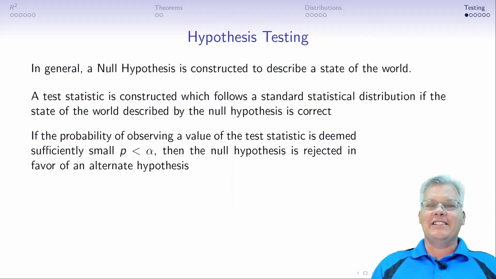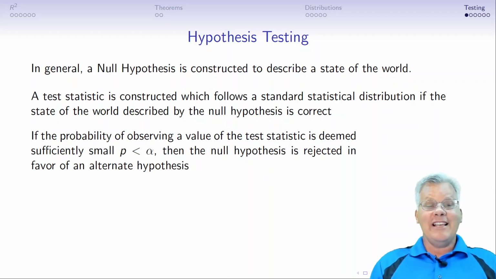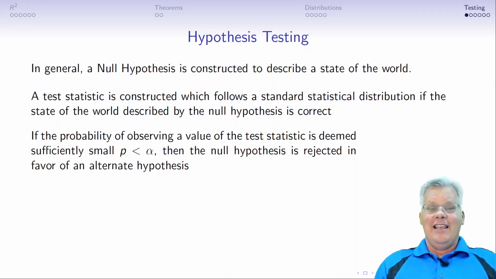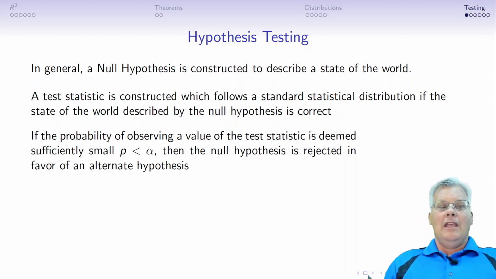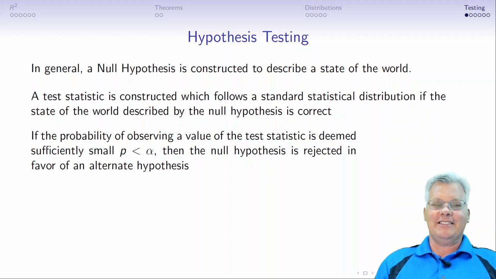Now, on to hypothesis testing. In general, a null hypothesis is constructed to describe a hypothesized state of the world. So we construct some measurement of how far the real world deviates from the world as it's described by the null hypothesis.